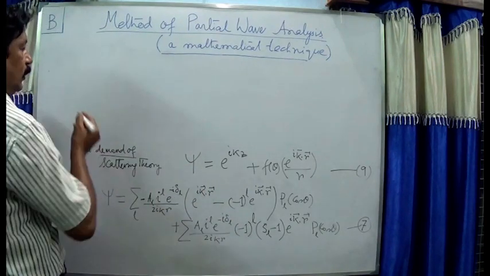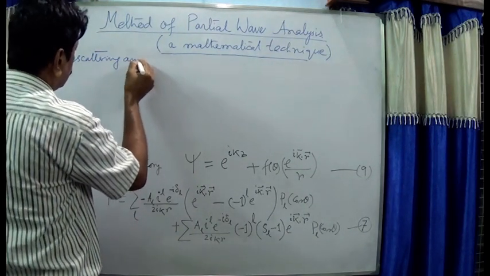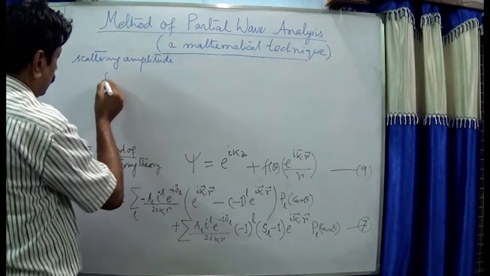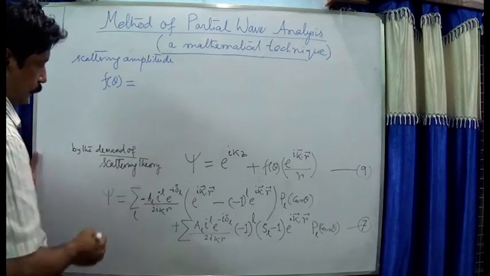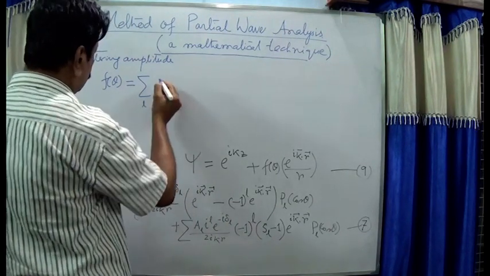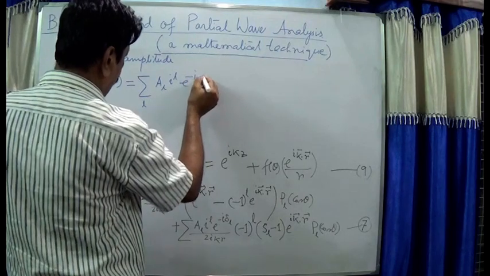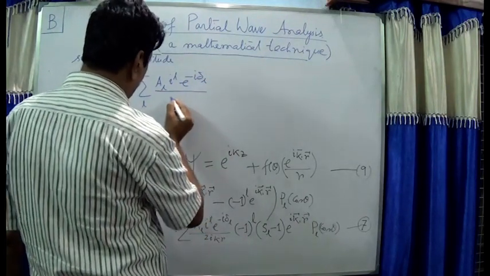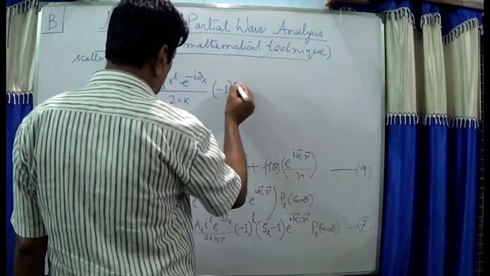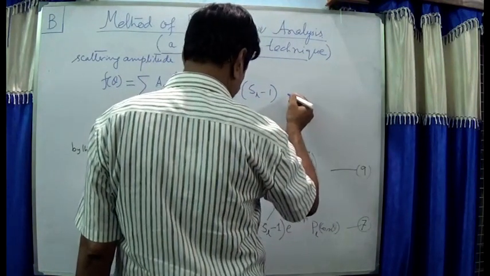So the scattering amplitude f theta can be identified as sum over L, A_L, i to the power L, e to the power minus i delta_L, divided by 2ik, into minus 1 to the power L, (S_L minus 1), P_L cos theta.